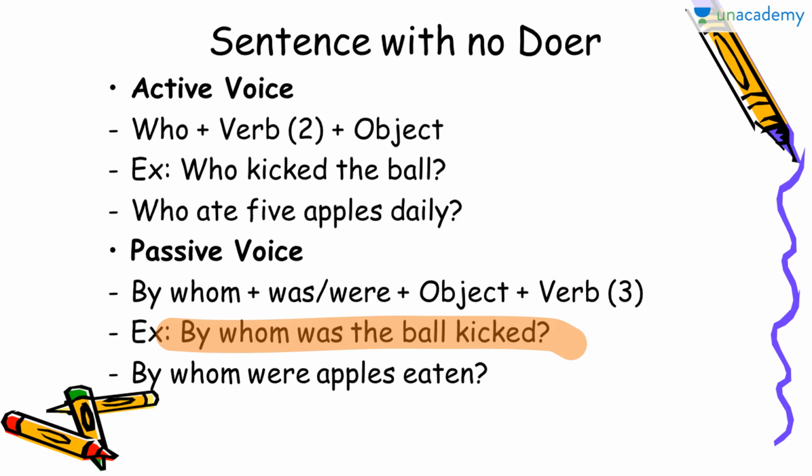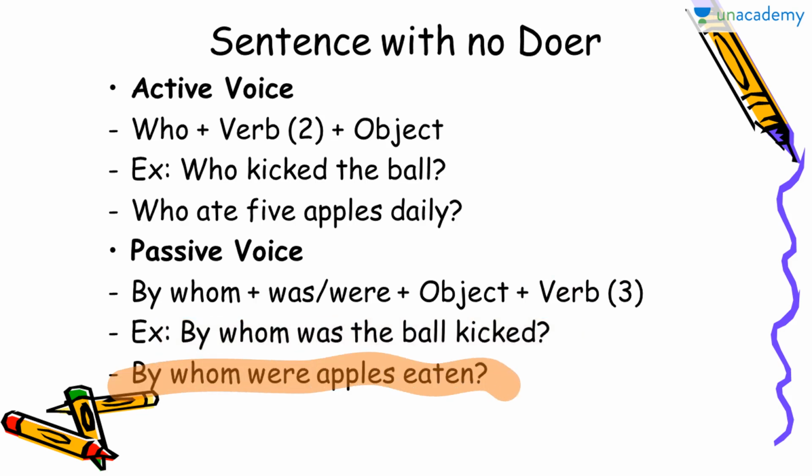By whom were apples eaten? So in this manner we will frame our sentences where we don't have any doer, and we want to know, we are actually asking questions so that we can get the name of the person or group of people who have done that action. This will be the format to be followed.